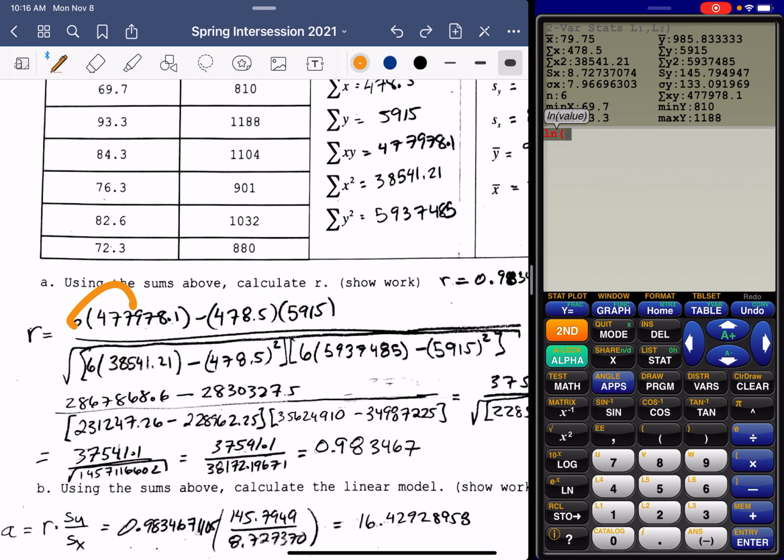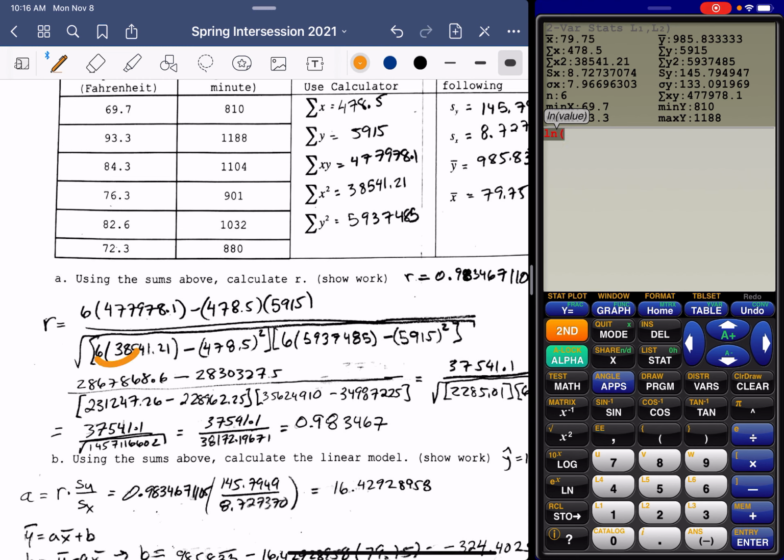So that's correct. And then, in this case, multiply, you get this value. Subtract. When you square this, you get this value. Multiply, you get this value. When you square this, you get this value. You can see you still have the brackets. Right over here. The brackets, right? Here are the brackets. Here are the other brackets. Here's the other bracket, right? So now you have two numbers here.